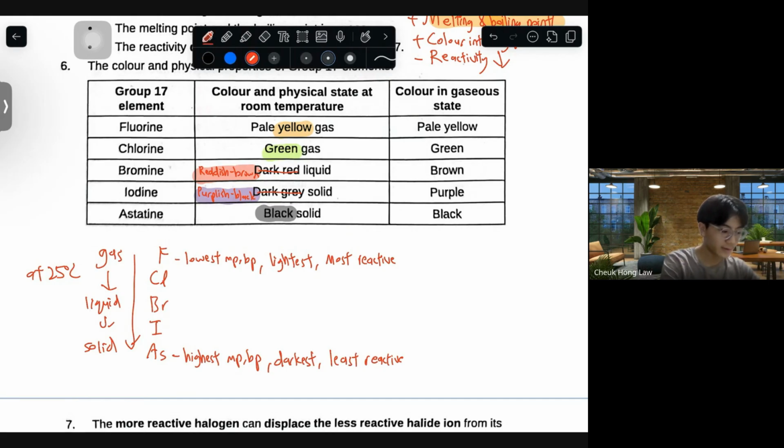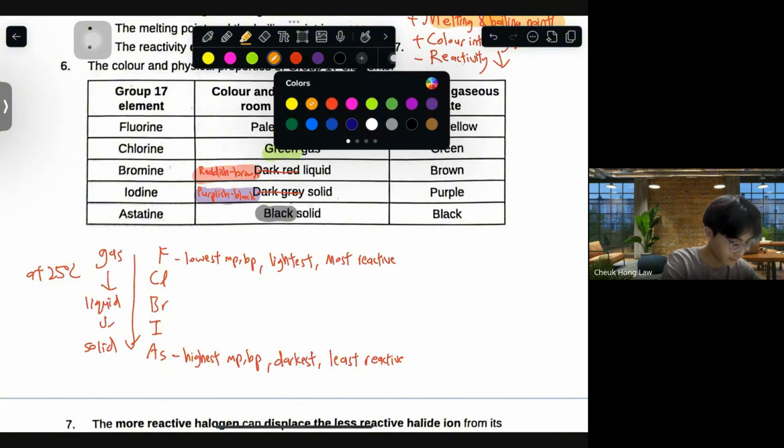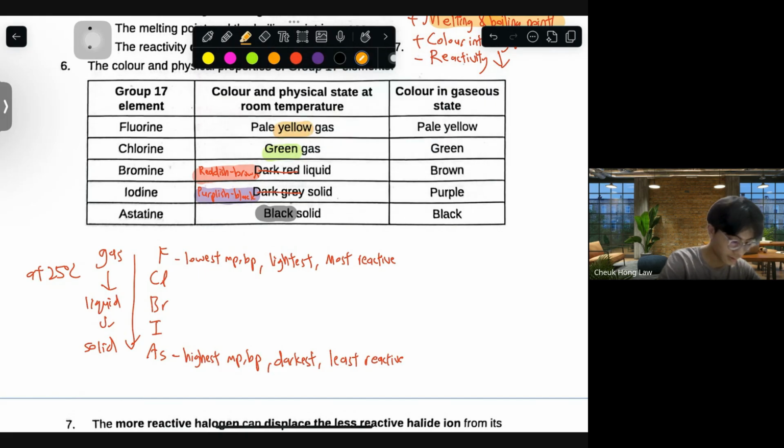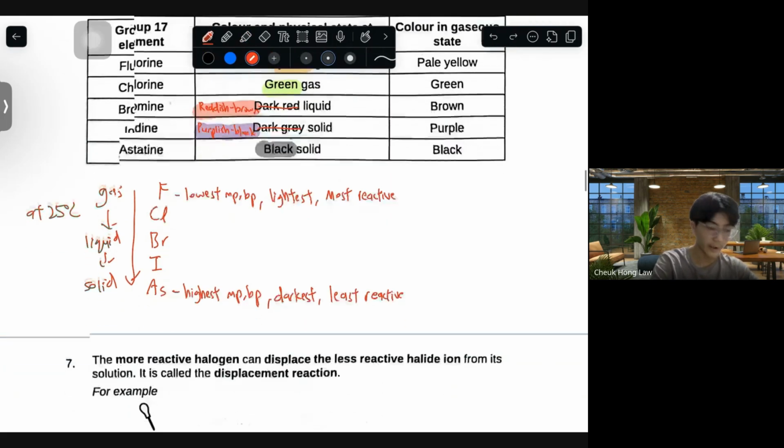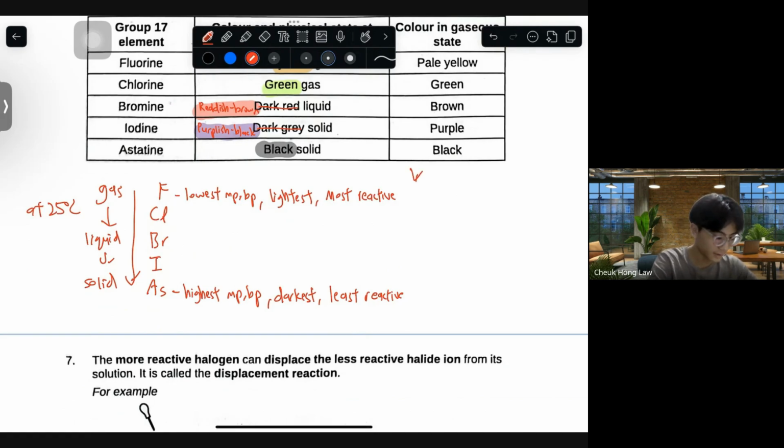Then what is the color of them in gaseous state? Okay, color in gaseous state. I remember this using a memory shortcut, I don't know how I came up with it. Your grandma buys peanut butter.